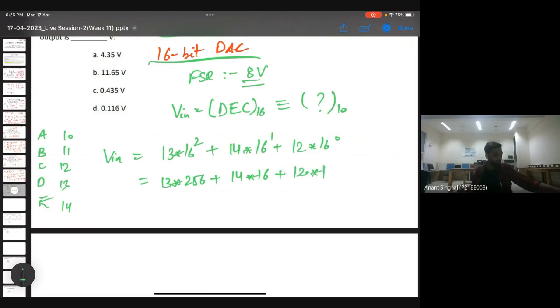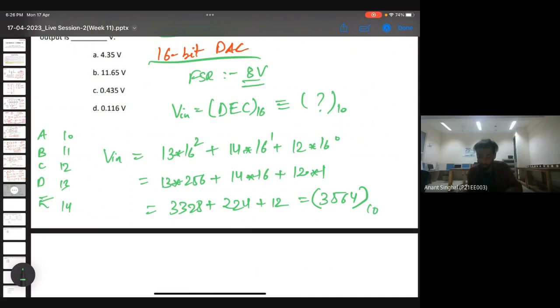So we'll do the calculations. We have 13 into 256, this is 3328, plus 14 into 16, 224, plus 12. So finally we'll have 3564 to the base 10. This is the decimal equivalent.